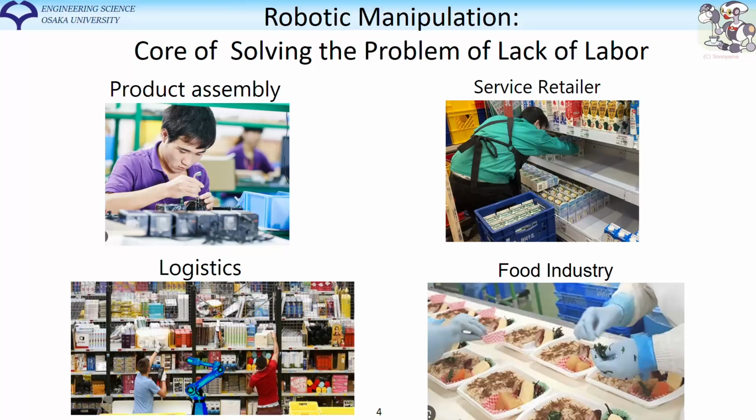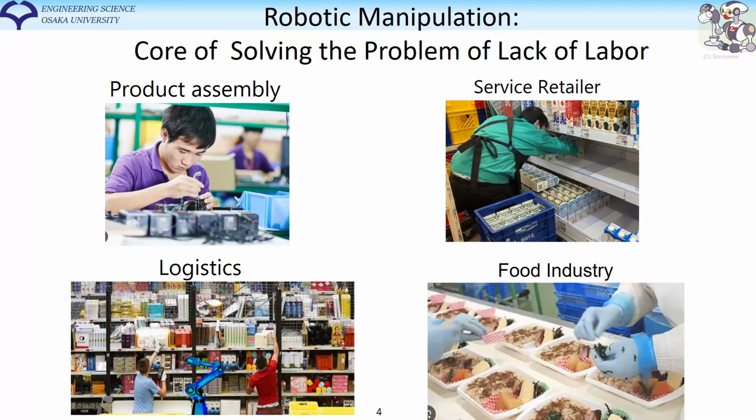For example, in product assembly, human workers assemble the product by manipulating parts. In service retail, such as convenience stores and supermarkets, workers put items on the shelf and rearrange them. In a logistics warehouse, a human extracts a target item from the shelf, puts it in a box, and sends it to the customers.